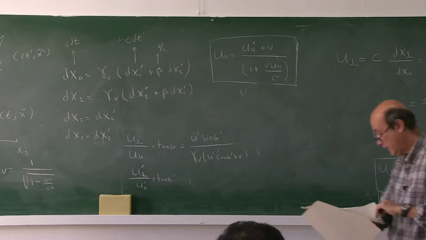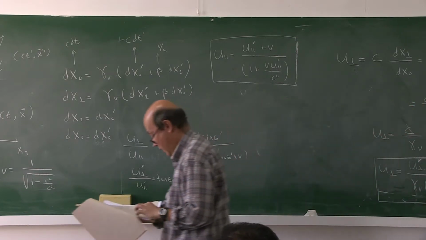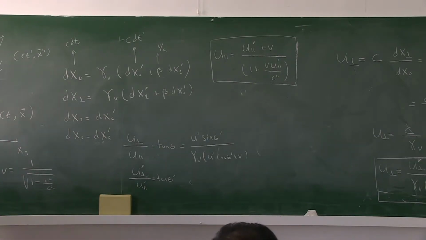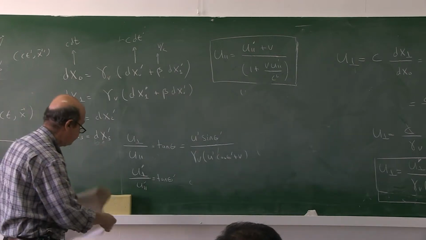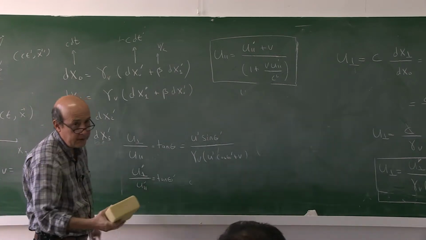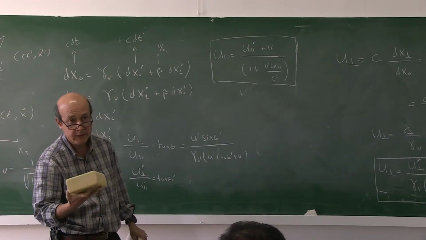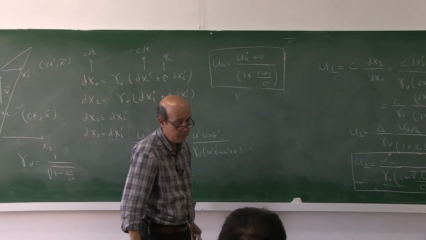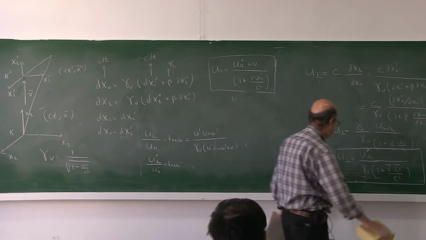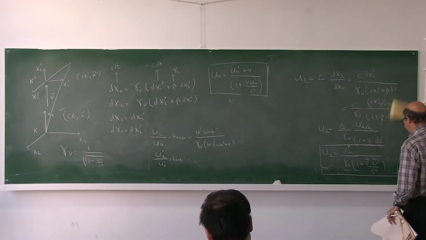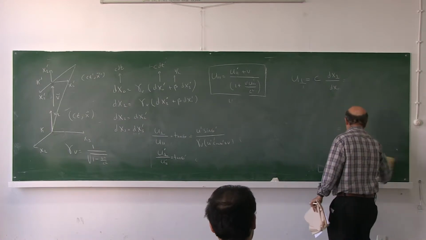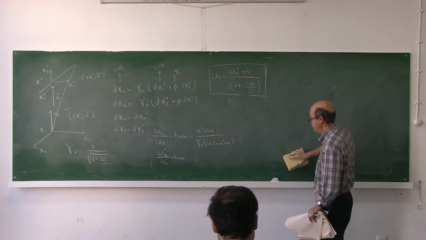Now, I want to define another thing related with the special theory of relativity. Using the four-velocity, we can define the energy-momentum as a 4-vector. We can define also relativistic energy and momentum.